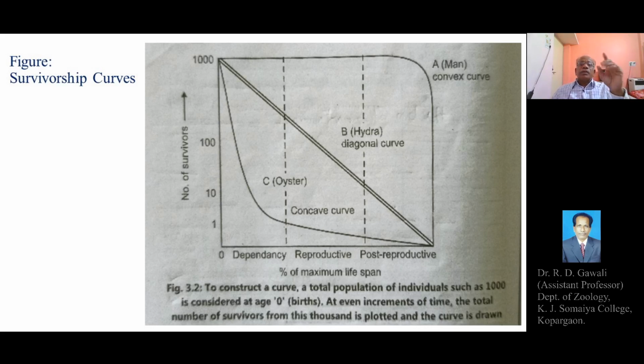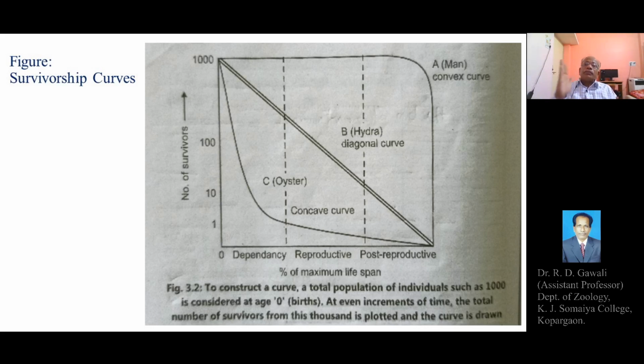For example, there are 1,000 individuals which have been born and formed a population, and their life continues in the respective habitat or ecosystem.